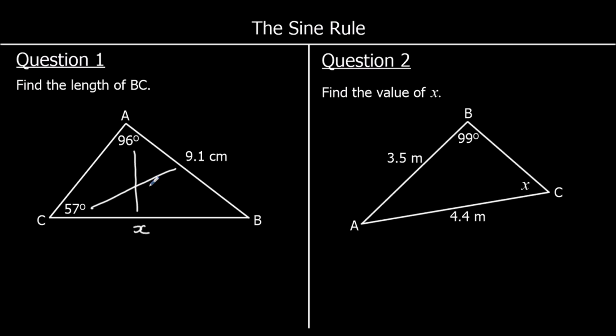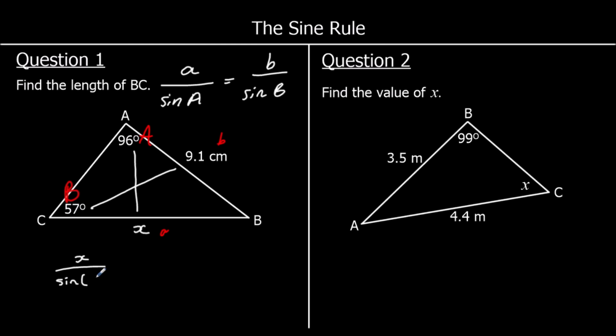So let's use the sine rule for lengths with the lengths on top. So a over sine A equals b over sine B. So we can have x as little a, opposite it will be big A. The other length, little b, opposite it will be big B. So we've got x over sine 96 equals the other length, 9.1, over sine with its opposite, which is 57.